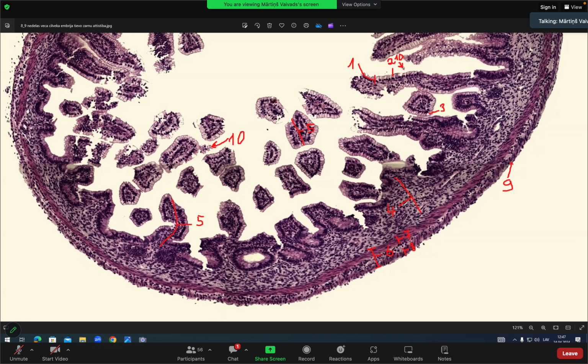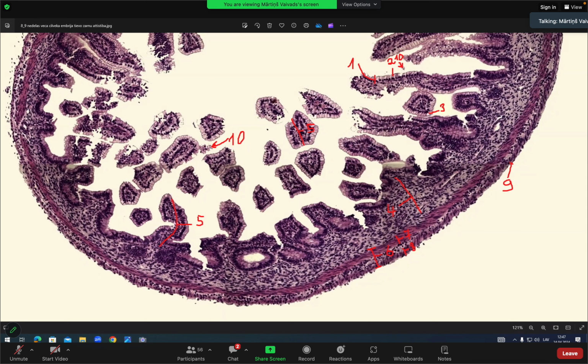So these are epithelial remnants after recanalization. And what's interesting, recanalization is a process where the lumen reappears again within the intestine.